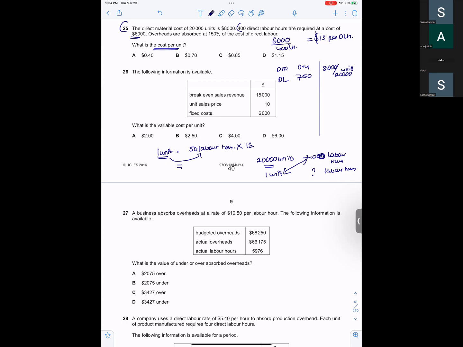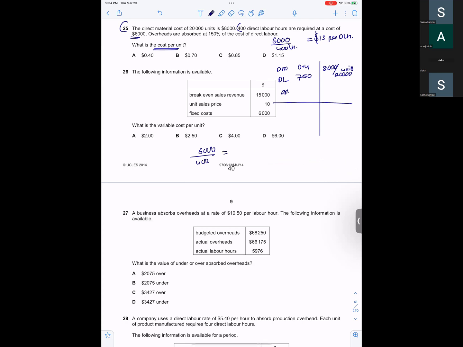No, there is some glitch. 150% of the cost of direct labor is absorbed. Oh, that's for overheads. Okay, there is some glitch in the direct labor hours. 6,000 is the cost for 400 direct labor hours.